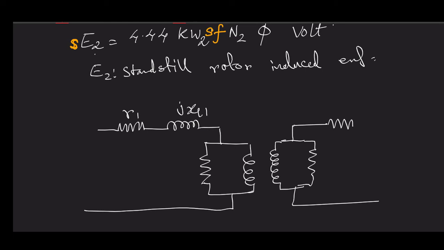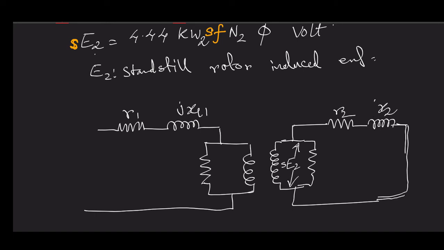This is your secondary side, and due to the presence of the end ring, the rotor bars are shorted by the end ring, so you can consider that the rotor represents a short circuited secondary. So this is R2, this is JX2, this is SE2.